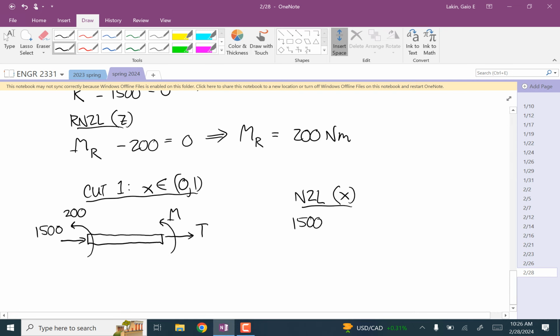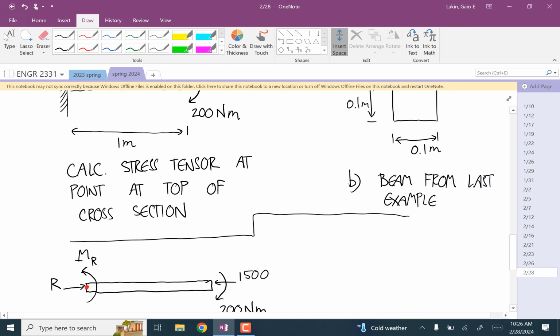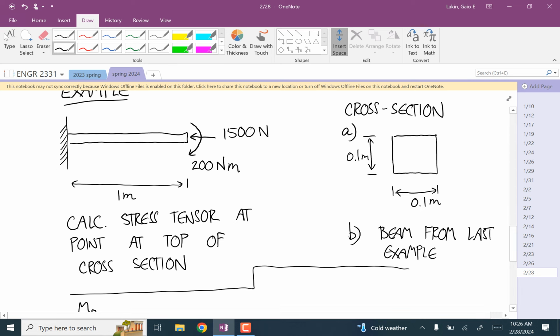So 1500 plus T is equal to 0. So the internal tension is negative 1500. So is it in compression or tension? Compression. Yep, compression. And that makes sense with the way that force is applied.